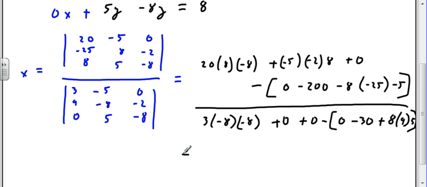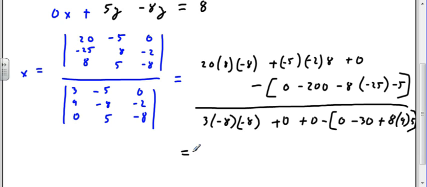Okay. So now I take out my calculator. 20 times 8 times minus 8 plus 80. Minus becomes a plus, so it'd be plus 200. Minus minus minus minus, so that becomes a plus, so plus 8 times 25 times 5 equals.